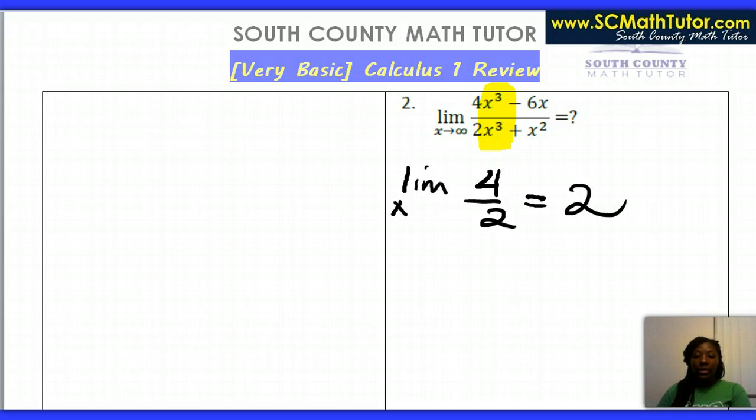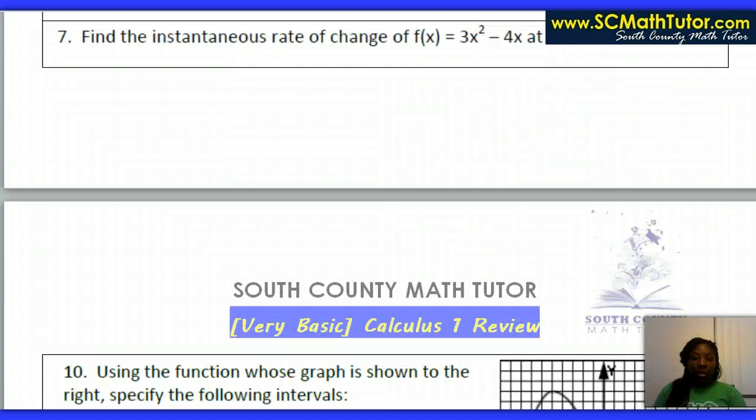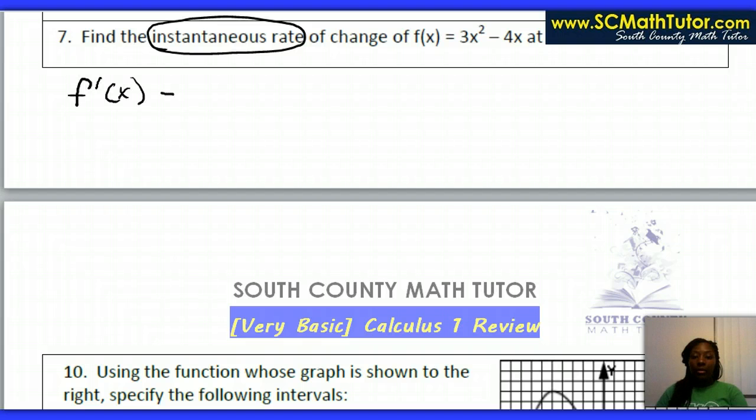That's a pretty simple problem, but very exciting. Find the instantaneous rate of change of this function at 1. Instantaneous rate of change is also another way of asking for the derivative at this point. Okay, so f prime of x. So you find the derivative.